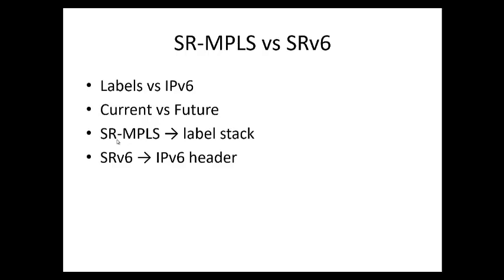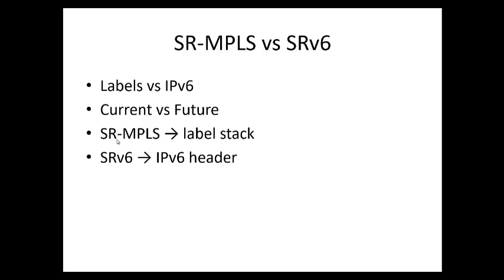So, label versus IPv6. What does it mean? When we use IPv4, we depend on MPLS label. For that label, we use MPLS header. Whereas in IPv6, no MPLS header because you don't need label. So currently we use labels.